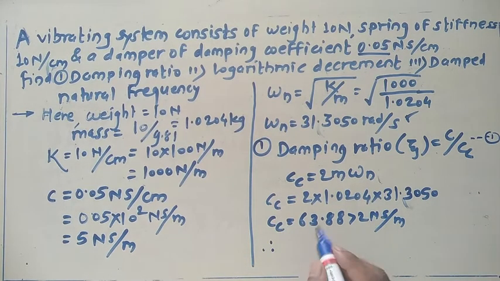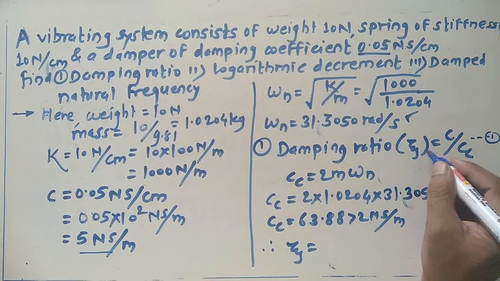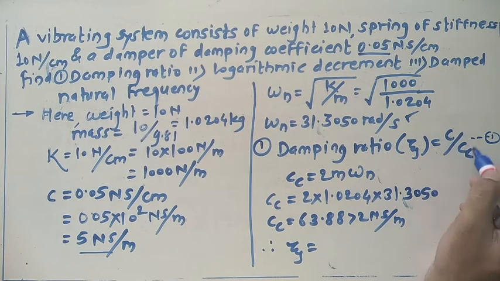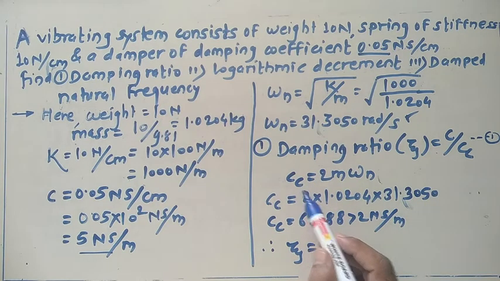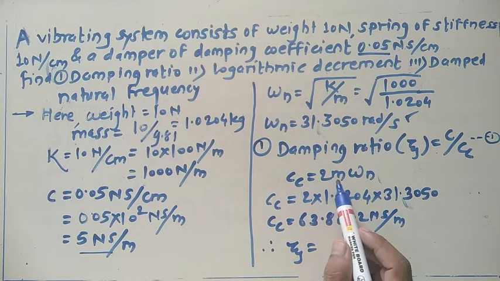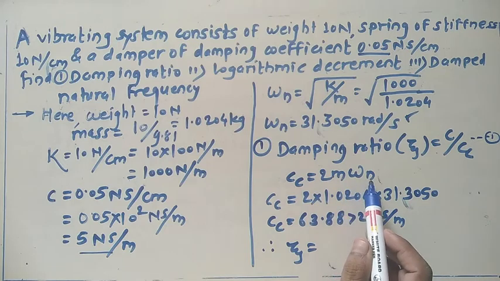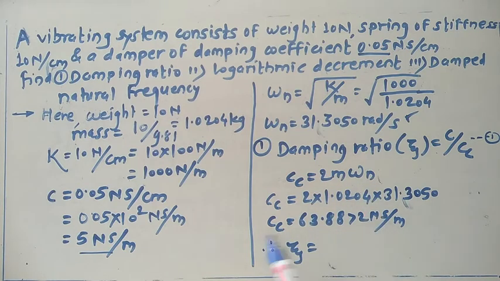Zeta is nothing but C divided by Cc, the ratio of the actual damping coefficient to the critical damping coefficient. The C term is already given in the problem. Critical damping coefficient Cc equals 2m into omega n, already calculated by us.